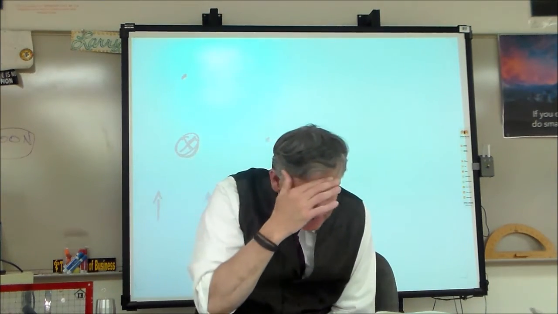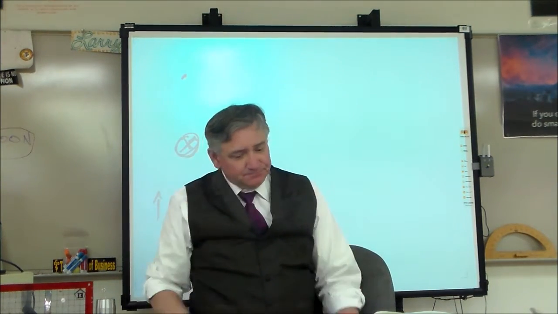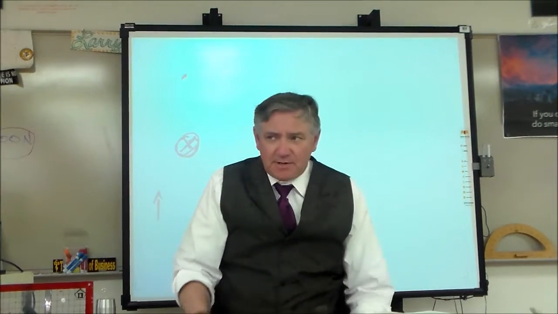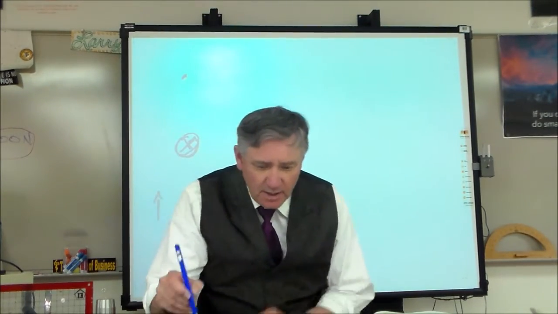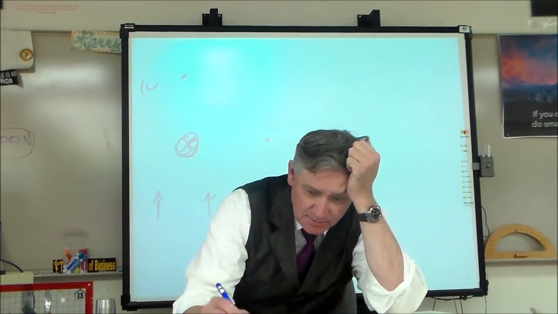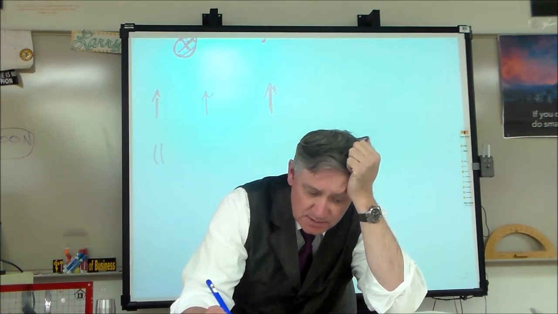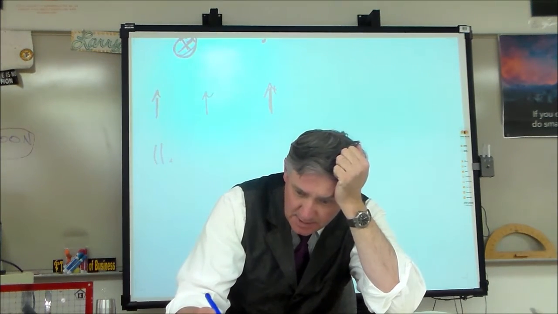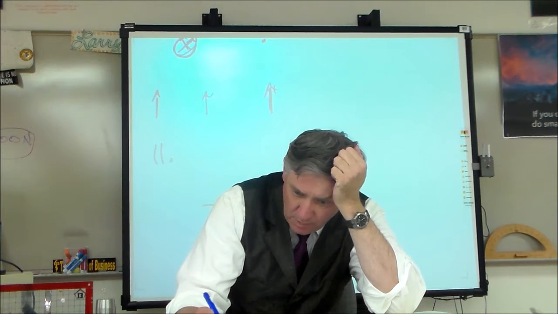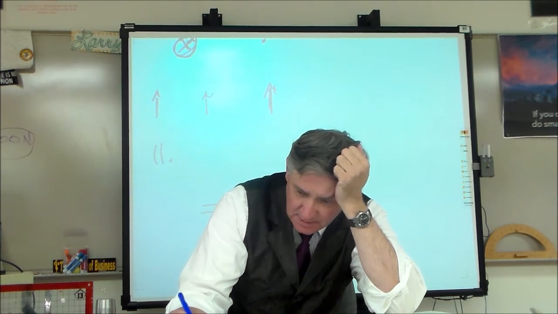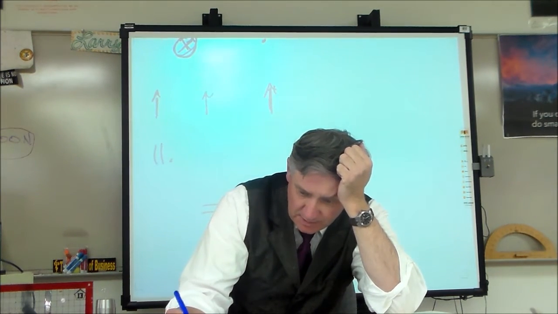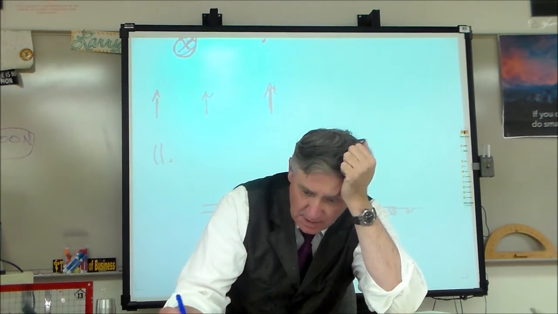Now, 11's a little bit trickier, okay? 11's a bit trickier, mainly because you have two wires. So there's number 10. So in number 11, you have one wire coming across like this with a current going in this direction. And that's the bottom wire.